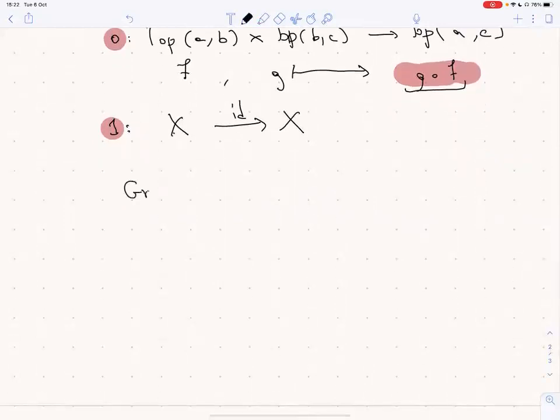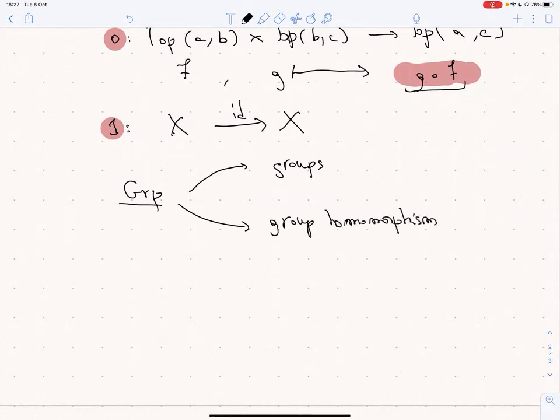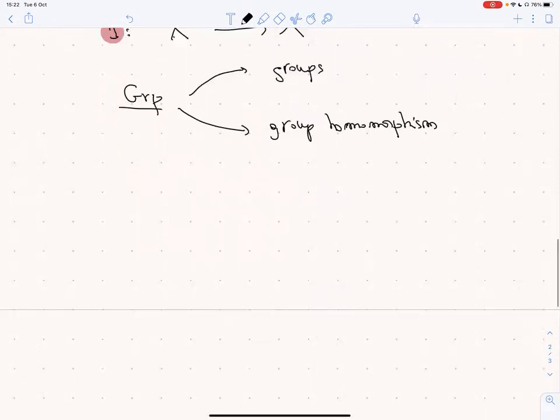Another example is Group. So objects are groups, and morphisms are group homomorphisms. And of course, here I'm sure you got the pattern. So for example, let R be a ring.